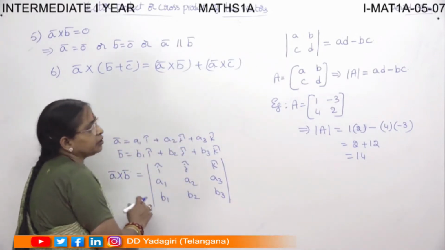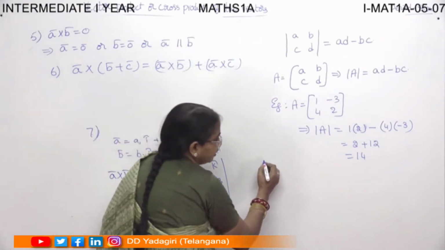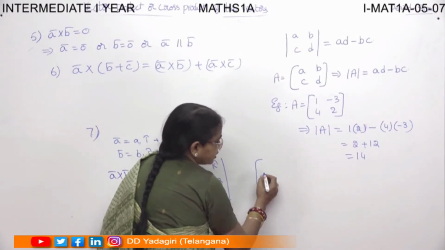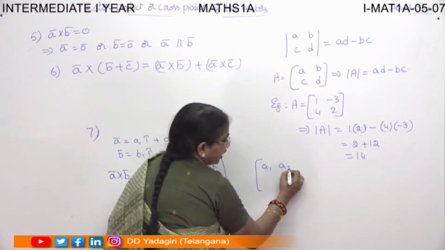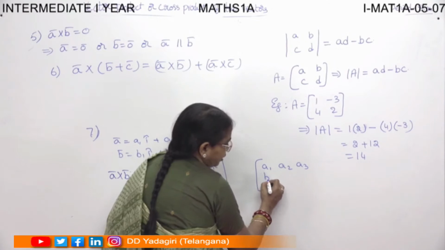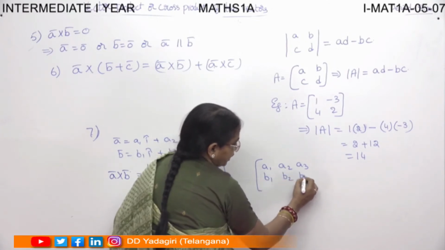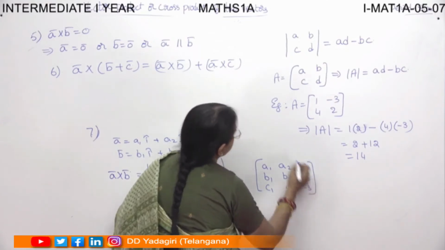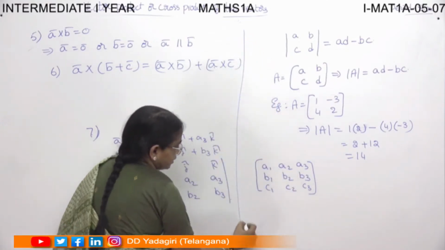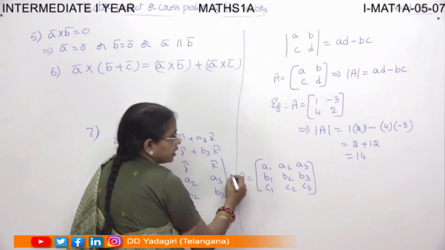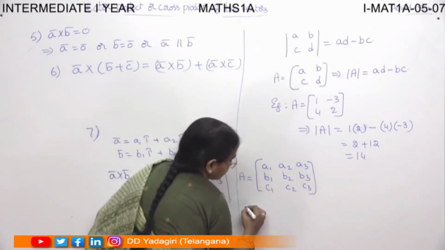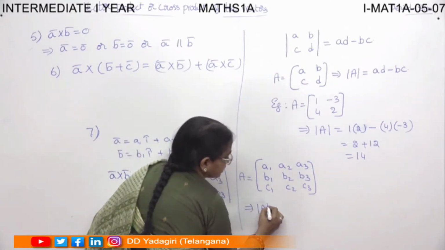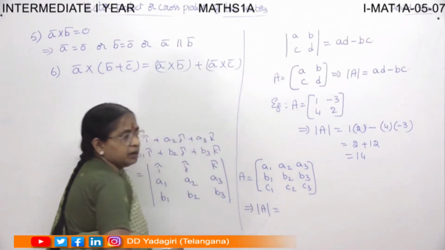Now the determinant of a 3 by 3 matrix. Suppose you have A1, A2, A3, and then B1, B2, B3, and then C1, C2, C3. This is a matrix. Suppose that this is the matrix A. Then the determinant of this matrix is denoted by the symbol of 2 bars.